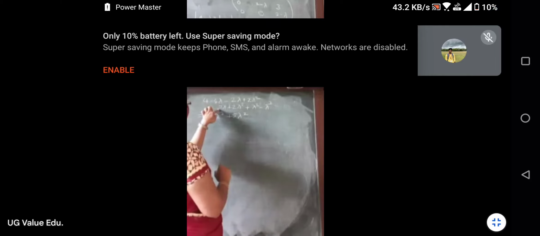So we start writing from lambda cube, that's the highest power. So let's start from there. So again, lambda cube minus 5 lambda square plus 8 lambda. Please check if I'm doing correctly.